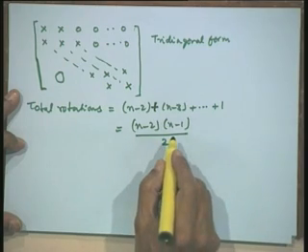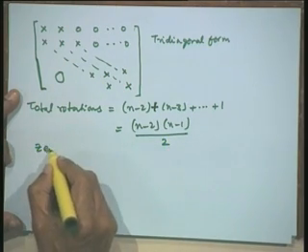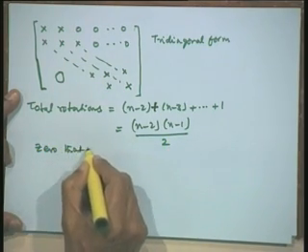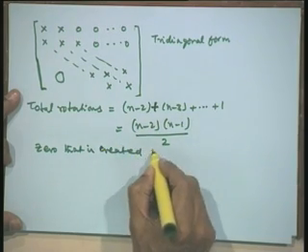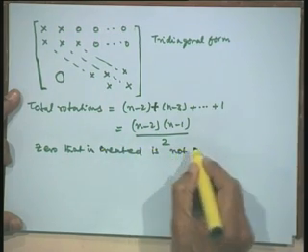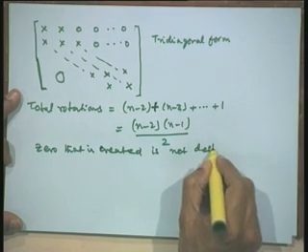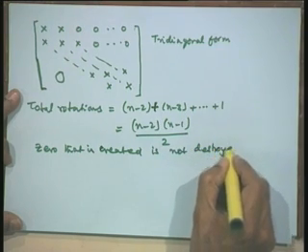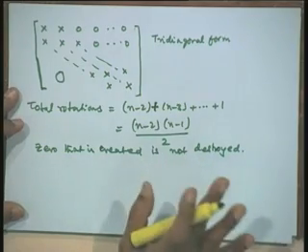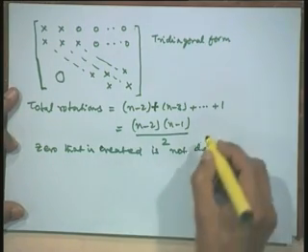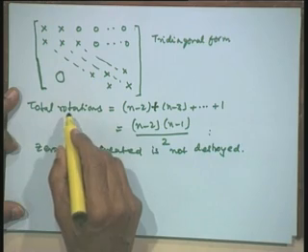Now, this is the exact number because a 0 that is created once is not destroyed. That means once we create a 0 it remains 0 all through the rotations. Therefore, this will be the exact number of rotations.